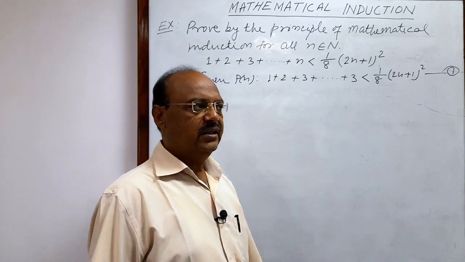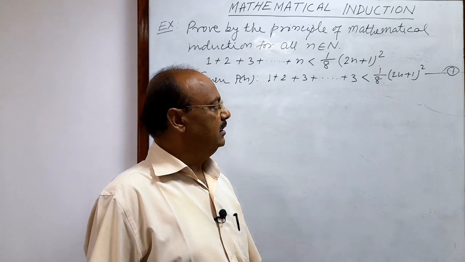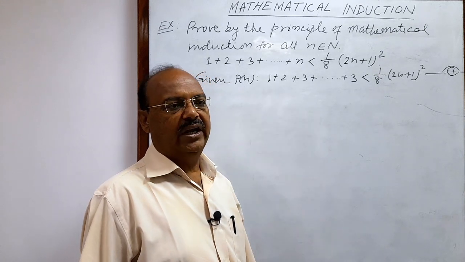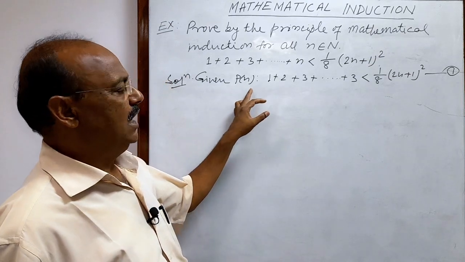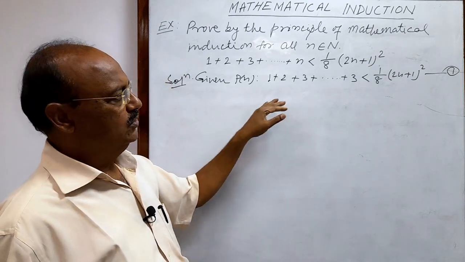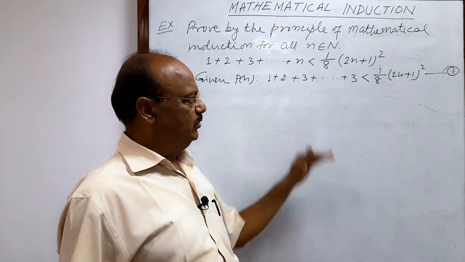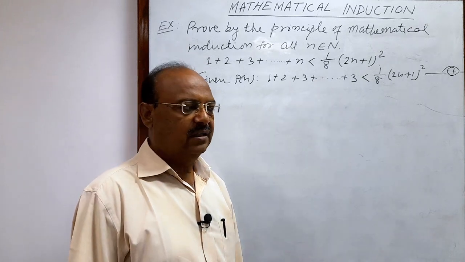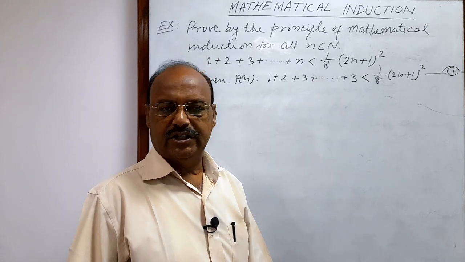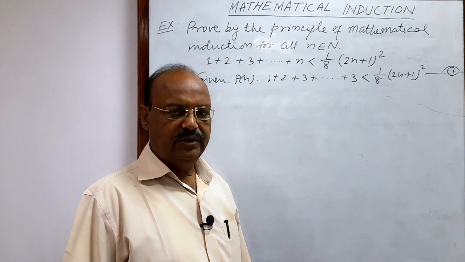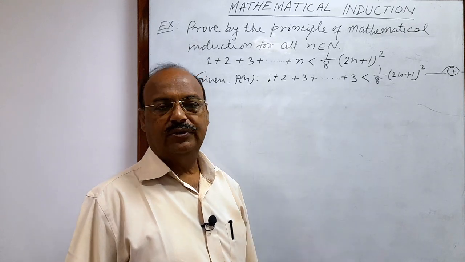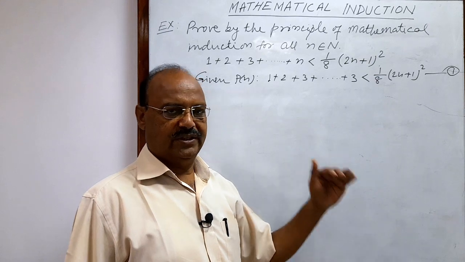And third and last step, we will show that this statement is true for n equal to r plus 1. So we have to prove that Pr plus 1 is true. After doing these 3 steps, at the last we will write a one line statement that by the principle of mathematical induction, this given statement is true for all n. So this is the process.